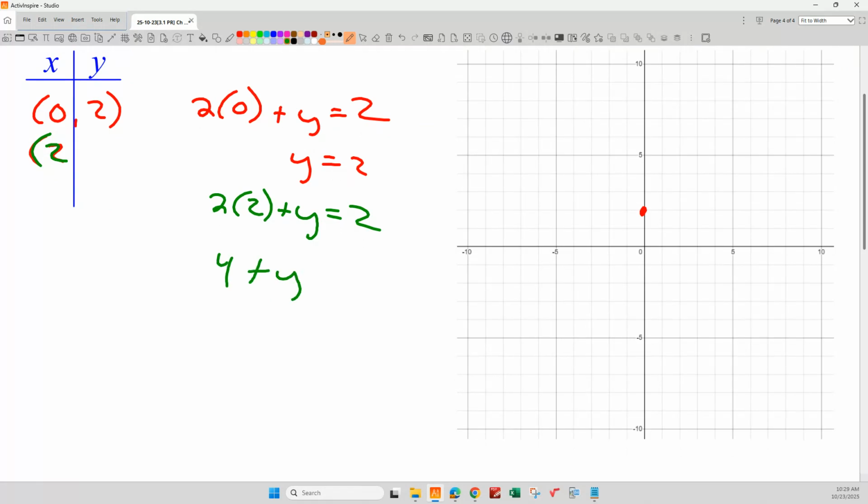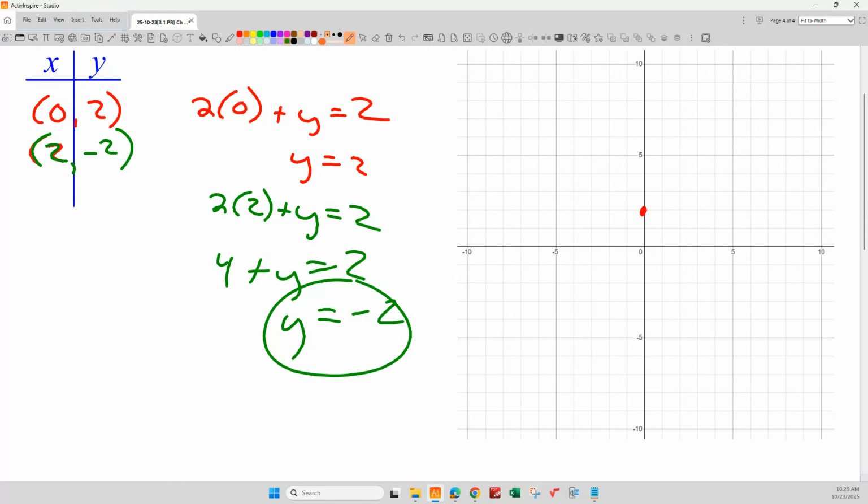So 4 plus y equals 2. What does y equal? Negative 2. Okay, so I get the point 2, negative 2. So over 2, down 2. There's my point. And then all I have to do to create my line is just connect and extend.